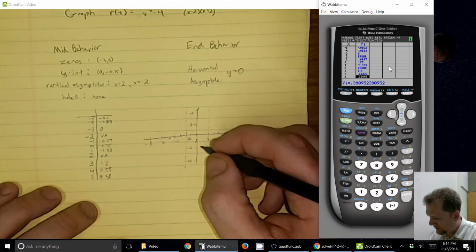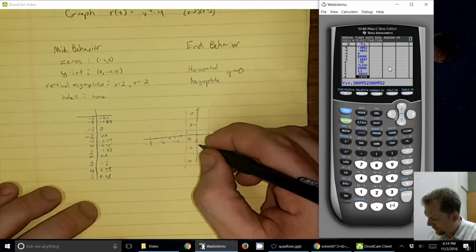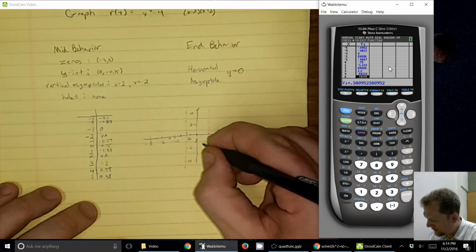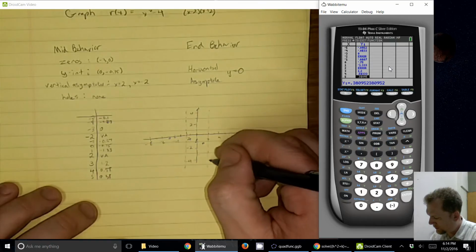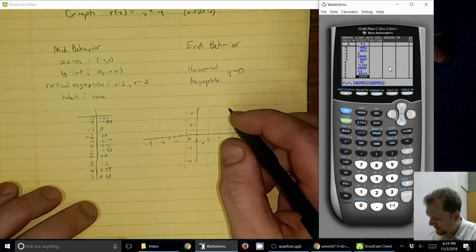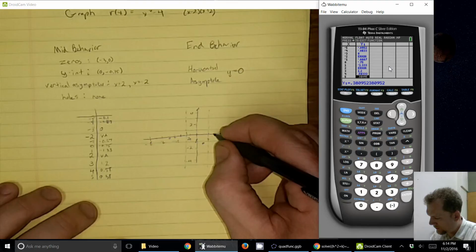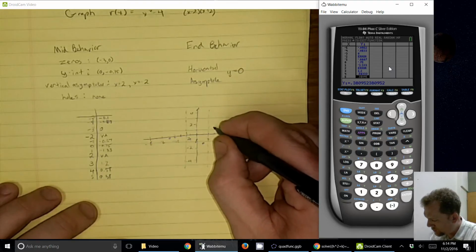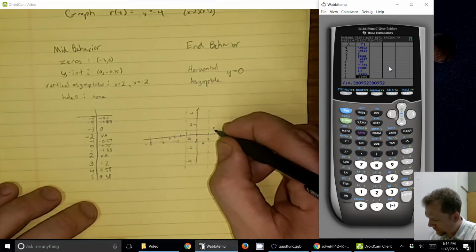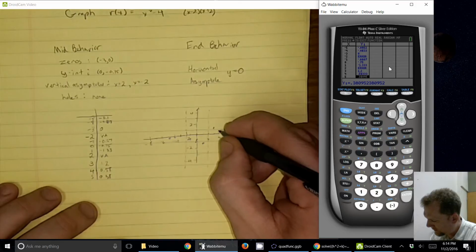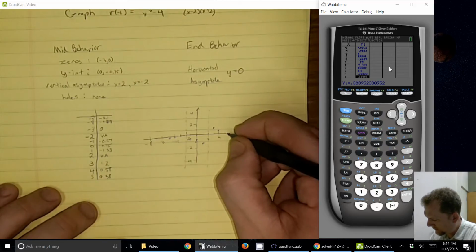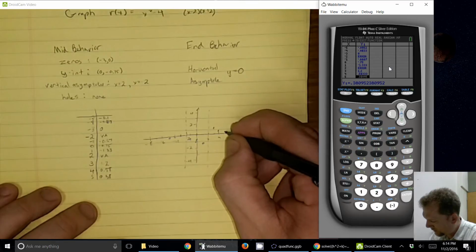And then at 1, we're at -1.33. And then we're heading towards that vertical asymptote again. At 3, we're at 1.2. At 4, we're at like a half, a little above a half. And at 5, we're at like a third.